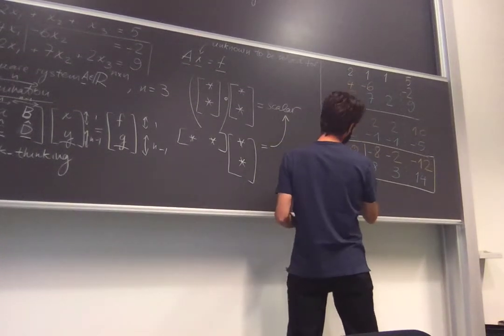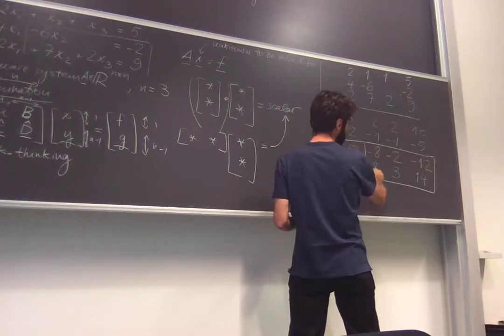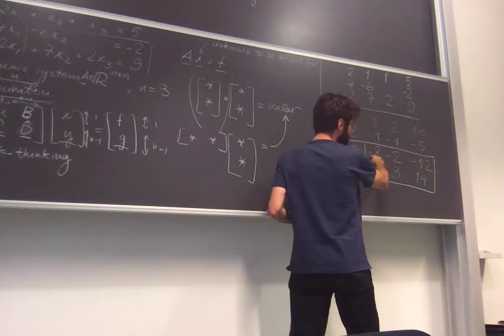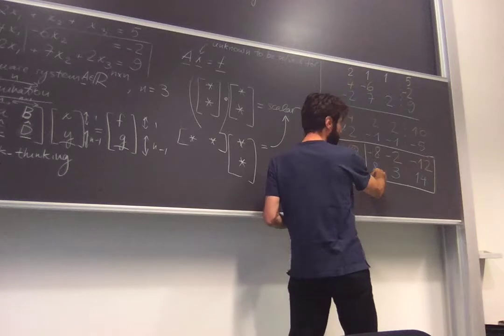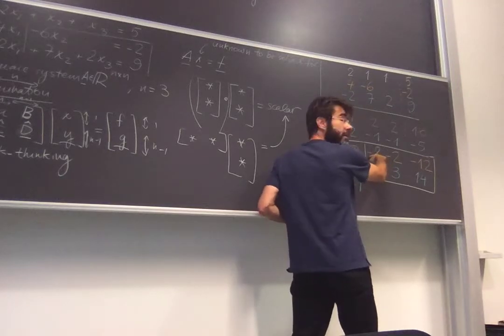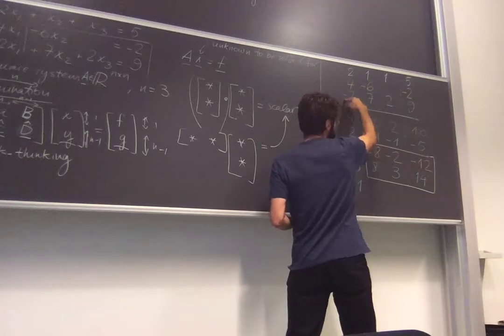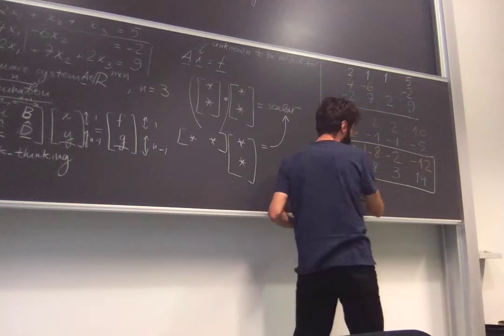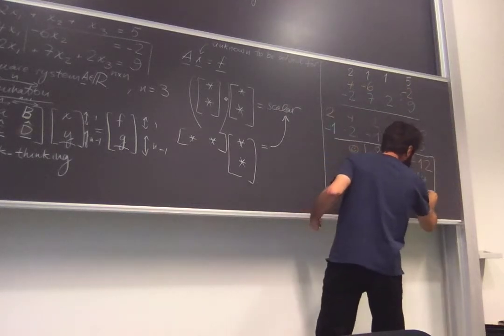The blue multiplier is going to be what you have to multiply this row with in order to subtract it and get 0. So I have to multiply with minus 1, because if I multiply this with minus 1, I'm going to get exactly the same thing. Every time I'm trying to get the same guy. So here, in order to get the same guy, I have to multiply with minus 1. And I get minus 8, minus 3, minus 14.